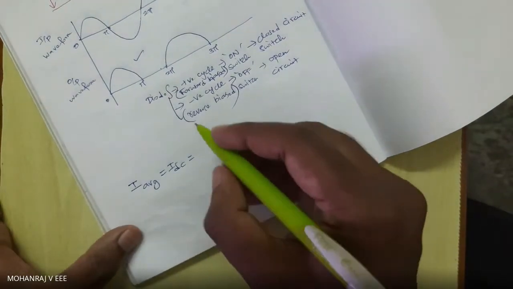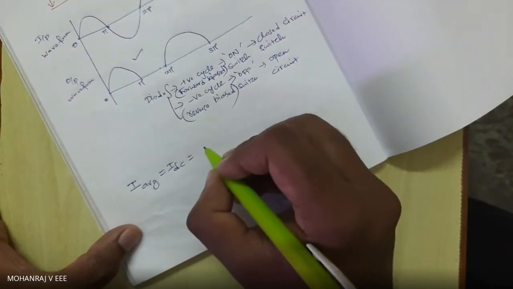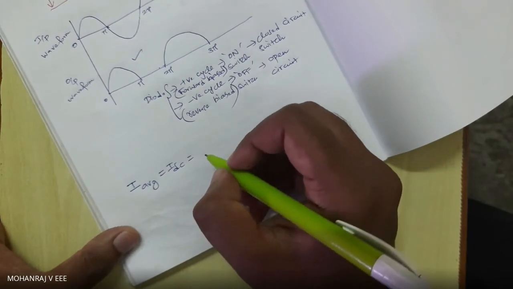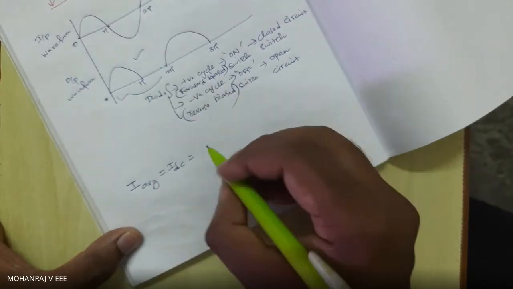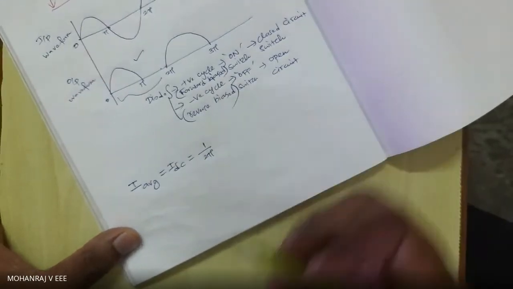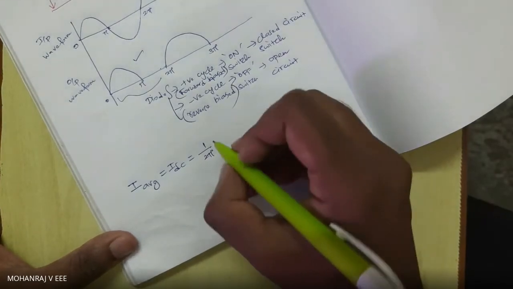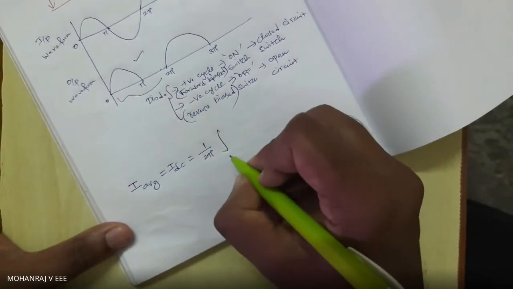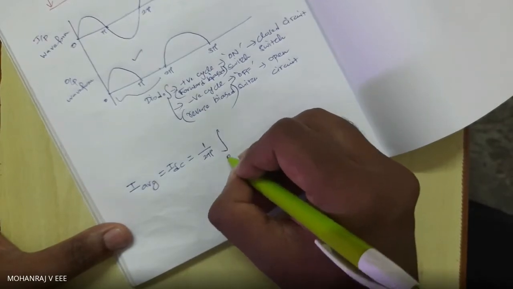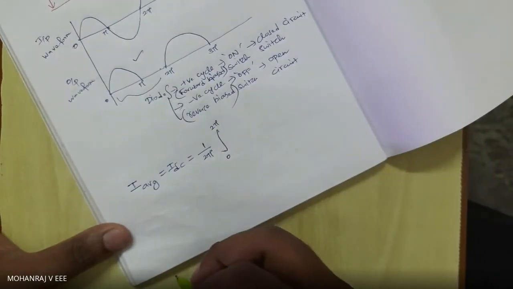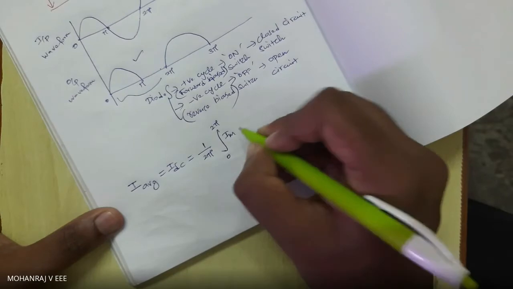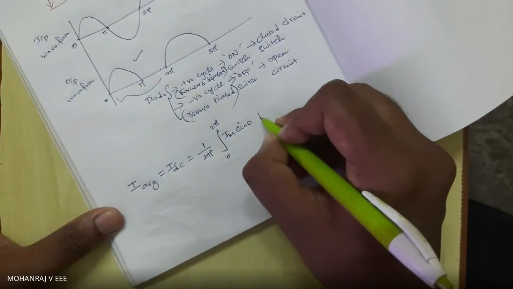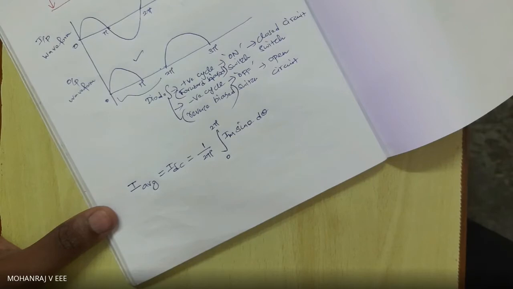That is given by 1 by the total time period. The total time period is 0 to 2 pi. So it is 1 by 2 pi integral 0 to 2 pi, and my current has a sinusoidal waveform, so it is Im sin theta d theta.